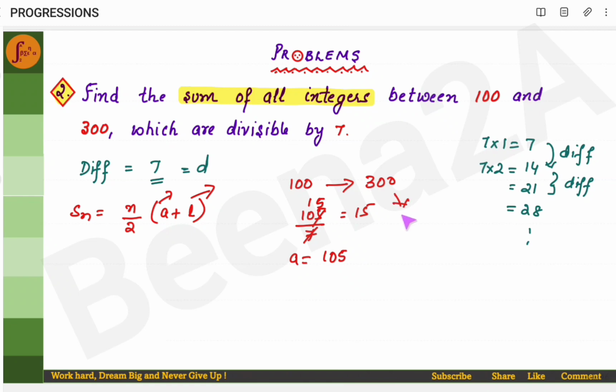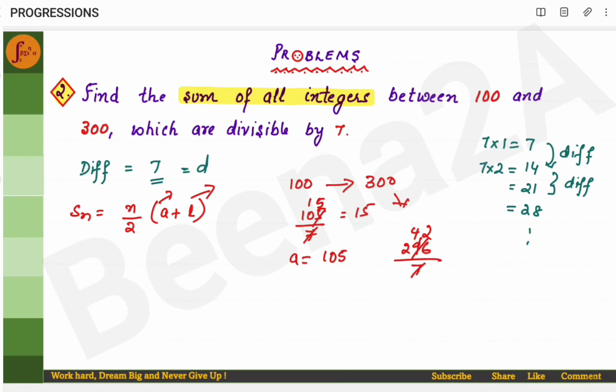Similarly, what is the last term? It should be a number equal to 300 or less than 300. Now what will be the number? Again, here you'll have to guess. Let's take 296. Let's see if it's divisible by 7. 7 fours are 28, 7 twos are 14.